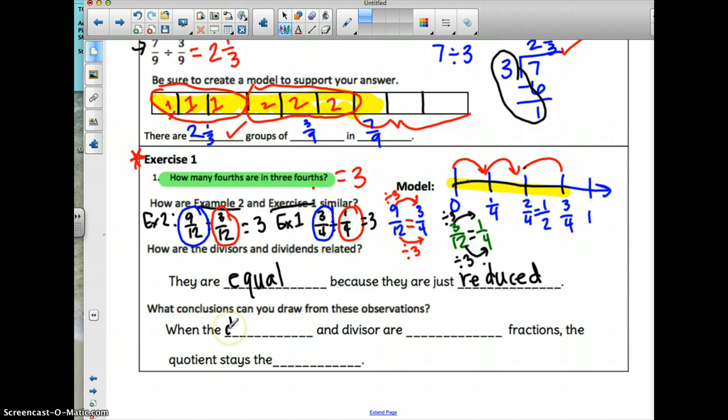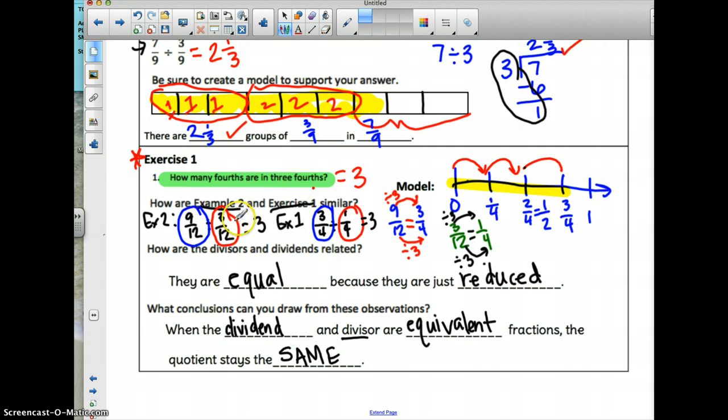When the dividend, that's the first number right here in our division sentence, and divisor are equivalent fractions, the quotient, answer to the division problem, stays the same.